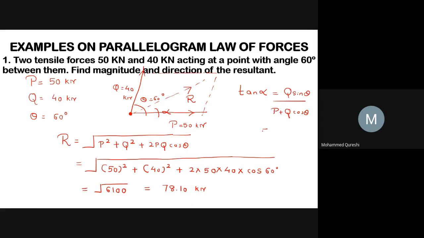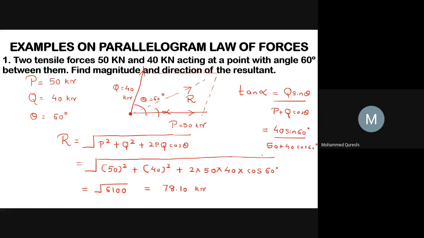Now again, putting all the values of P force, Q force and theta in this equation, we get 40 sin 60 upon 50 plus 40 cos 60.